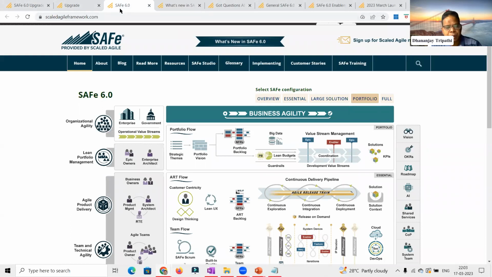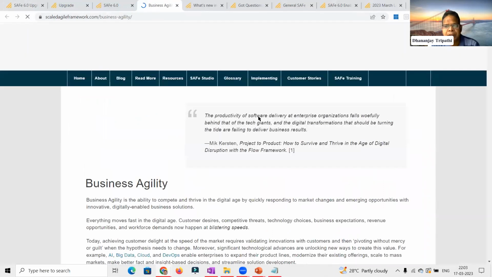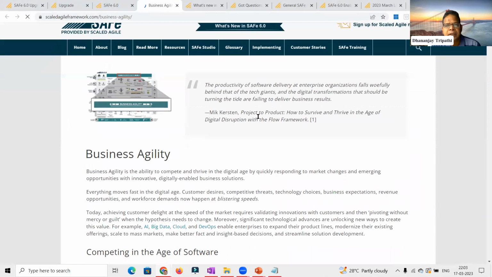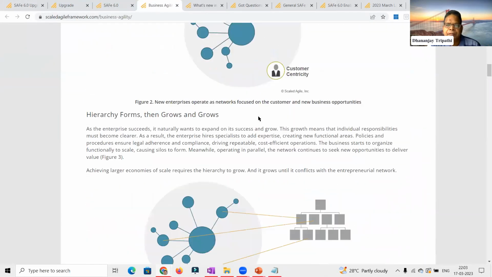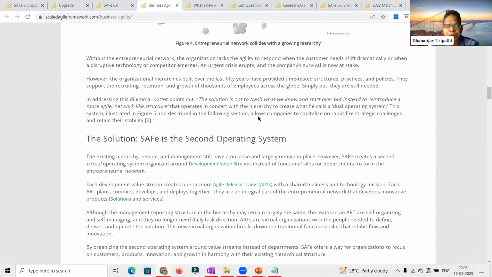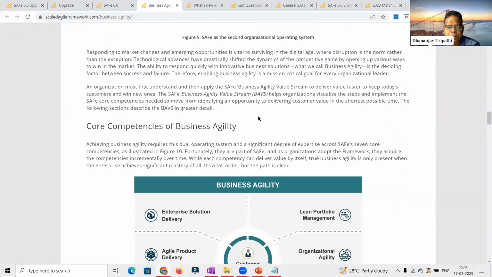Wherever they are focusing beyond IT, they have this train. The Agile Release Train is more on the development value streams, and this will continue the same. Everything is the same. Only the business train has been added, where the complete business people, if non-IT, can use this also.